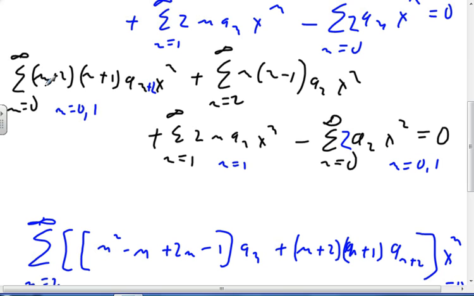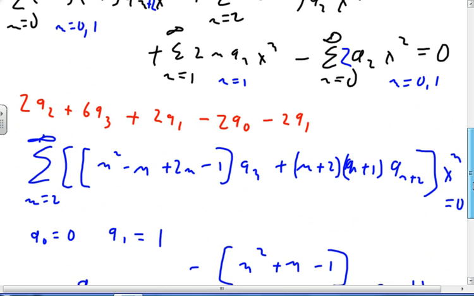All right, n is equal to 0, so that's 2a2. 2a2, n is equal to 1. 3 times 2, 6a3 plus n is equal to 1, 2a1 minus 2a0 minus 2a1. Okay.